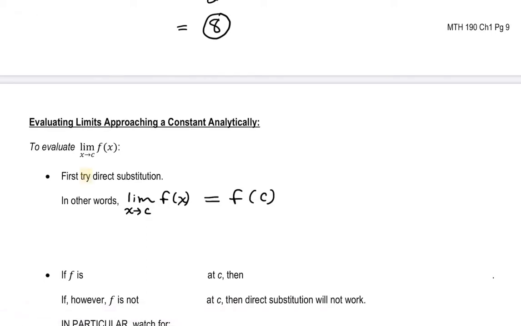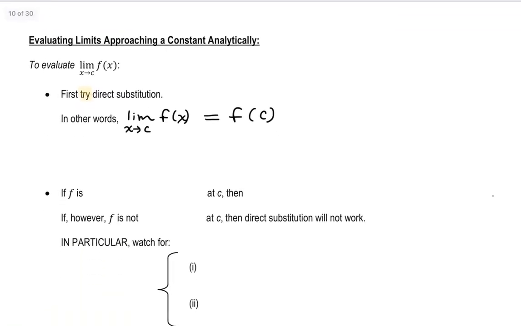Okay, so what do we mean by try? Well, of course, we're going to do that, but we have to be on the lookout for some problems that are going to indicate to us that we can't actually proceed quite so easily. So that's going to happen in situations where f is not continuous.